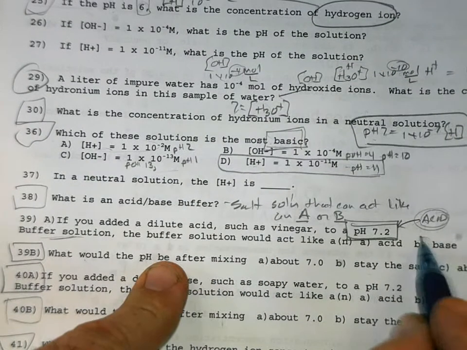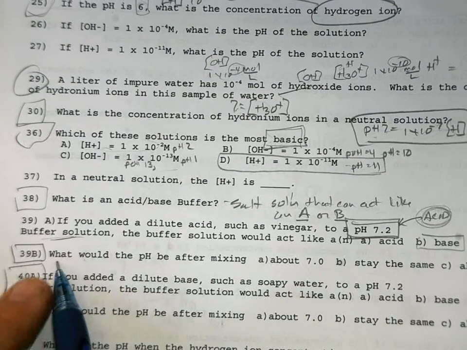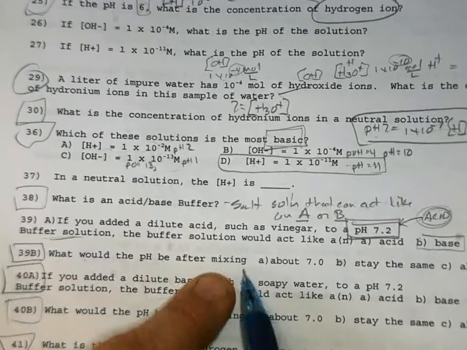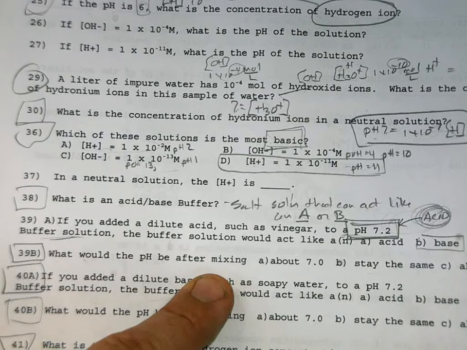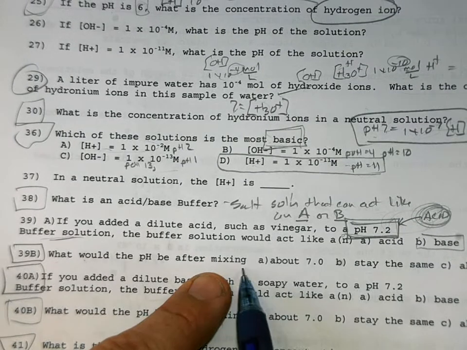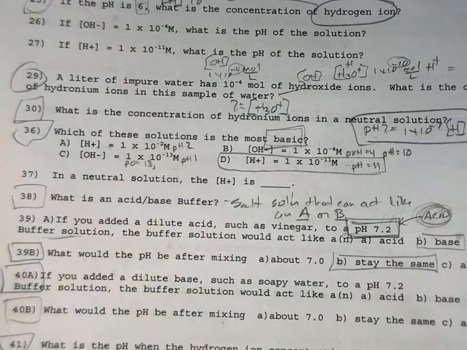It would have to act like a base. What would the pH be after mixing? We started off at pH 7.2. We put in a little bit of acid. It neutralizes this. What will the new pH be? It'll be the same, assuming you didn't overrun the buffer's ability to neutralize.